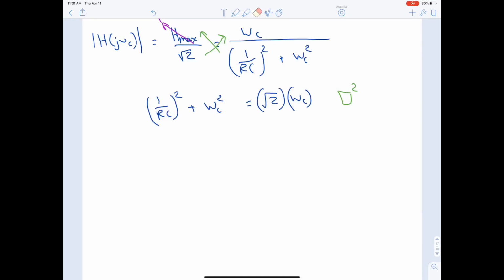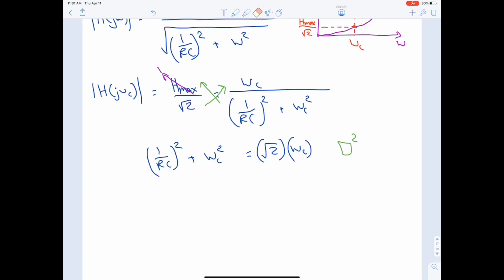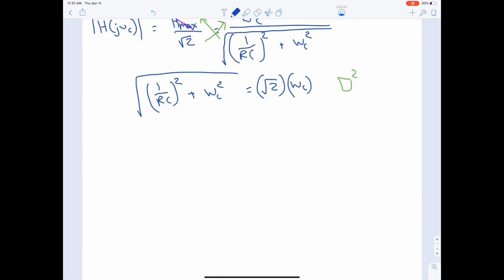No, actually, what do we need to do? Here we forgot the square root, that's why I got confused. Squaring both sides will result in 1 over RC squared plus omega c squared equal to 2 omega c squared.